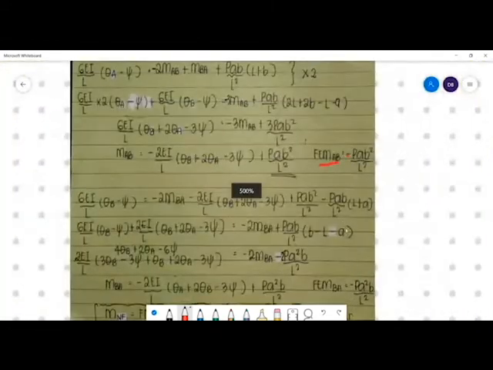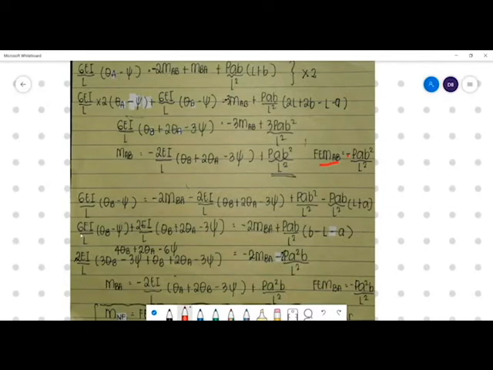Equilibrium wise. Next, we substitute what we solved. Use the original value for MAB: 6EI over L times theta B minus psi is equal to negative 2 MBA minus 2EI over L times theta B plus 2 theta A minus 3 psi plus PAB squared over L squared minus PAB over L squared times L plus A. Okay.